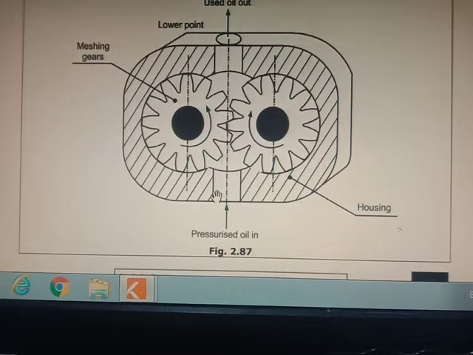Now what happens in the hydraulic circuit? This is the actuator, actually the hydraulic motor, at the end.